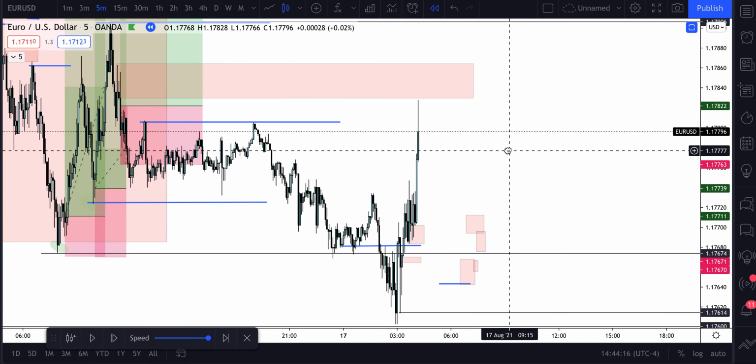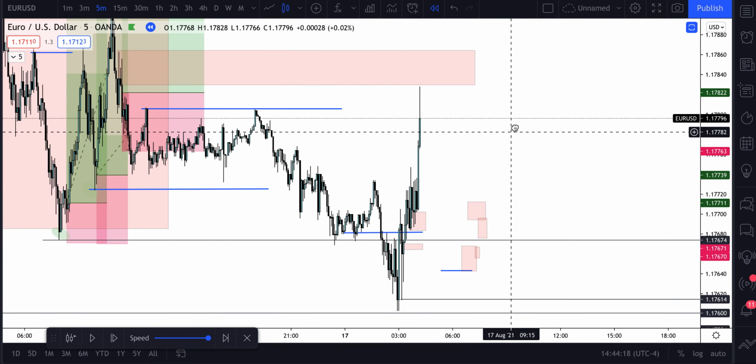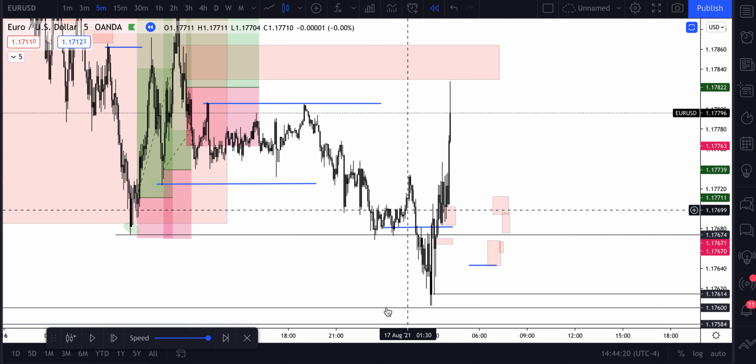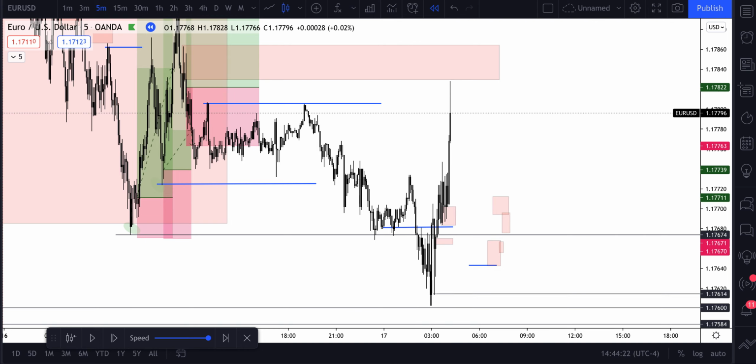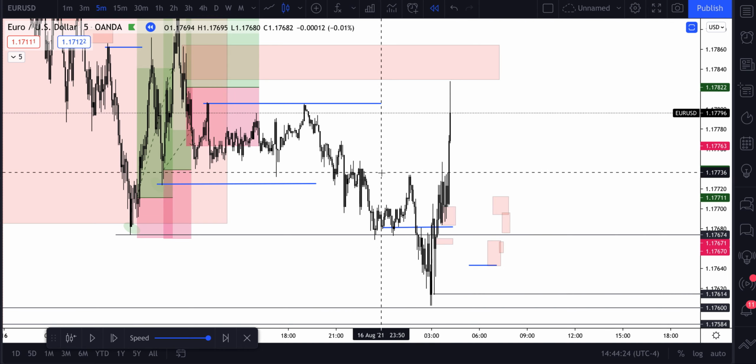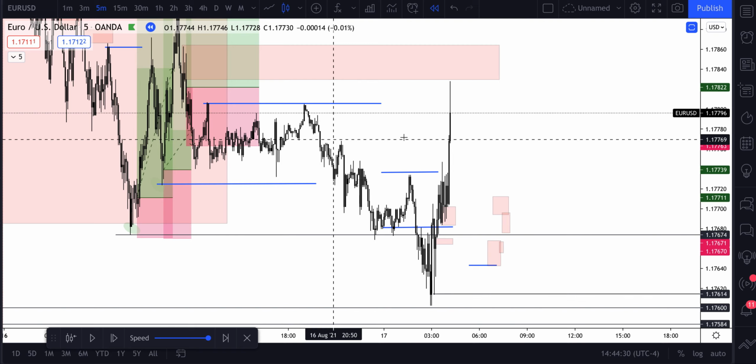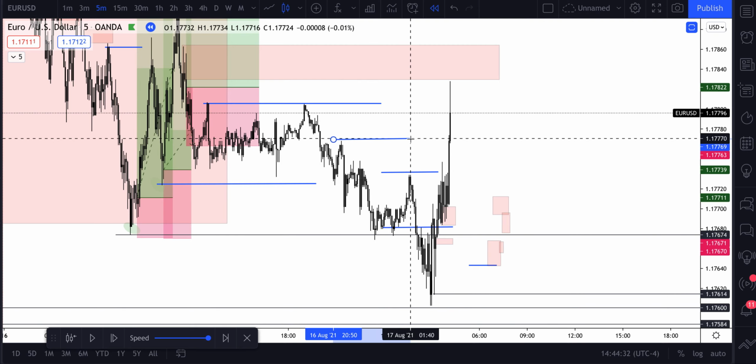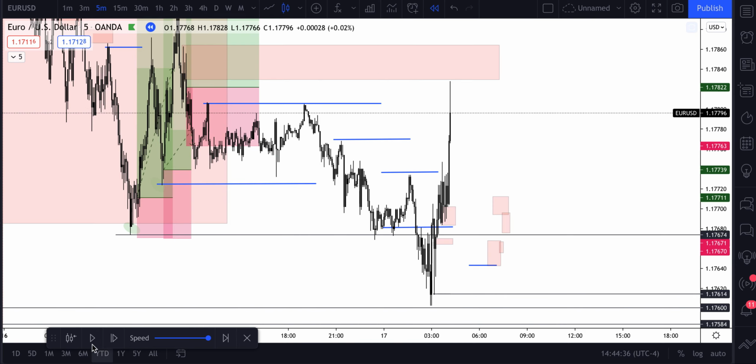Okay, boom, right? The market made sure to also liquidate all of these levels before it began its descent, right? This level here, this level here, and then reacted to this supply zone above.